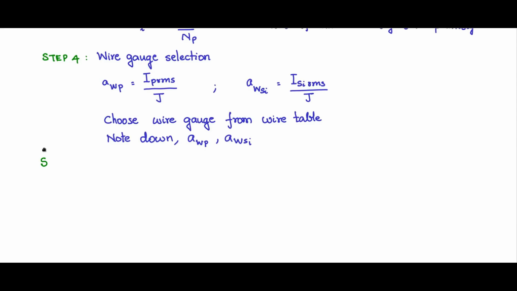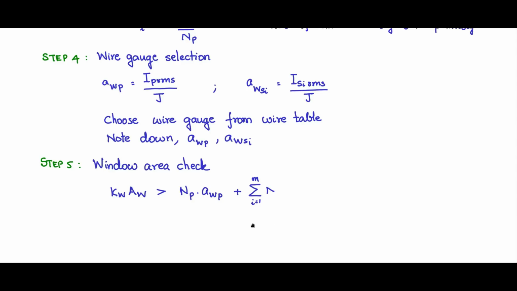This would complete the design, but there is one more step needed, one cross-check step, just like we did in the inductor design: the window area cross-check. Step 5: KW AW, the available window area, should be greater than NP, the primary number of turns, times the wire cross-section area of the primary, plus, for every secondary winding, the number of turns of the ith winding times the cross-section area of the ith secondary wire, all added up.